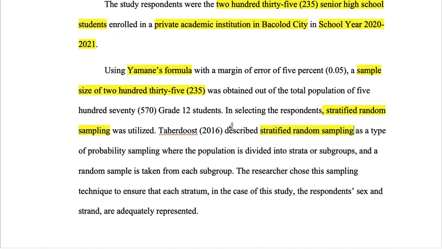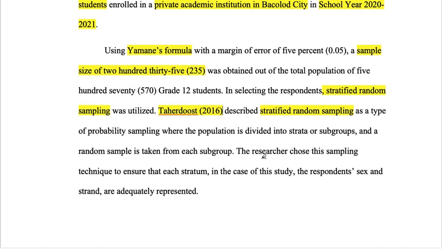In here, the researcher cited an author, Taherdoost, 2016, to describe what is stratified random sampling. And then finally, on the third or last sentence, justify why you chose the sampling technique. Okay, why did you use stratified random sampling?